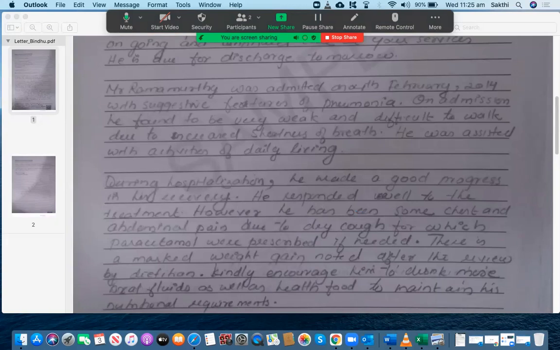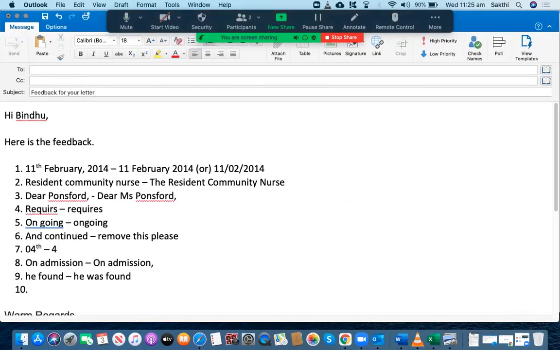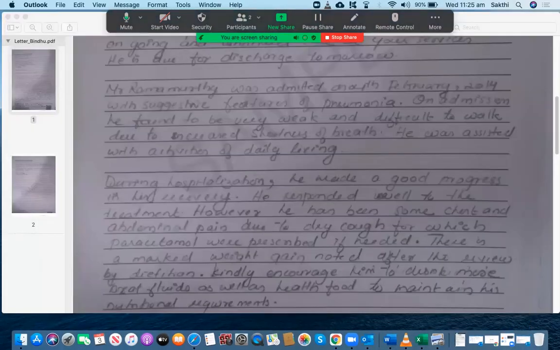weak and difficult to walk due to increase in shortness of breath. The way you have used the abbreviations isn't up to the expectation.